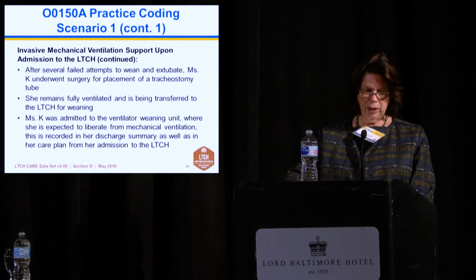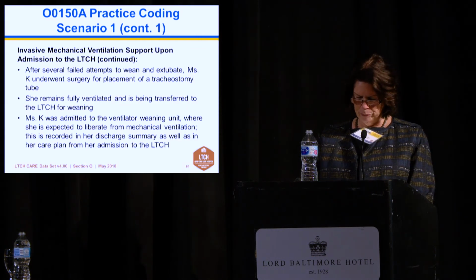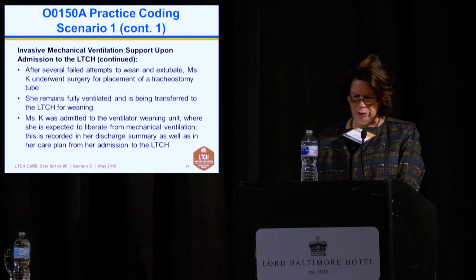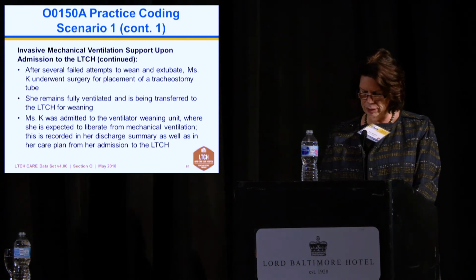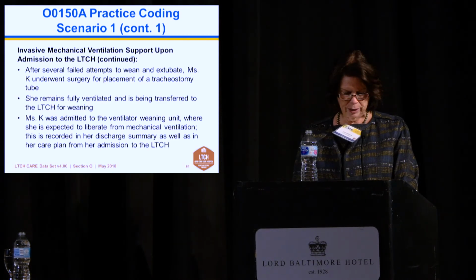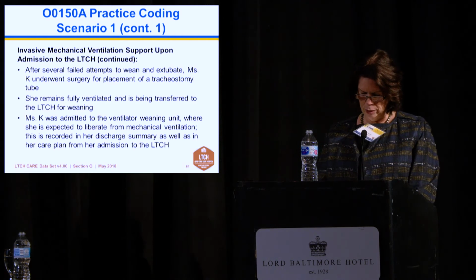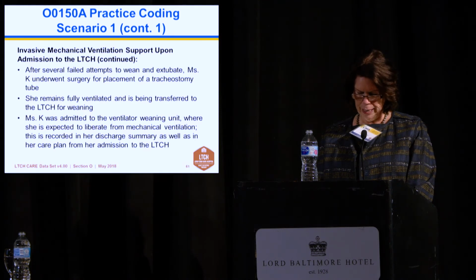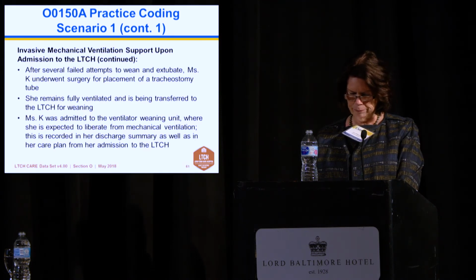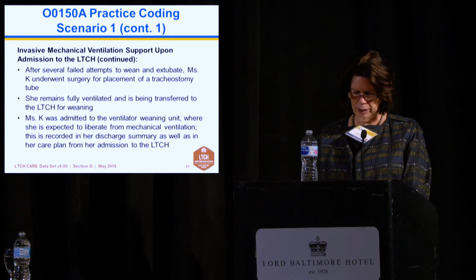After several failed attempts to wean and extubate, Ms. K underwent surgery for placement of a tracheostomy tube. She remains fully ventilated and is being transferred to the LTCH for weaning. Ms. K was admitted to the ventilator weaning unit, where she is expected to liberate from mechanical ventilation. This is recorded in her discharge summary as well as in her care plan from her admission to the LTCH.